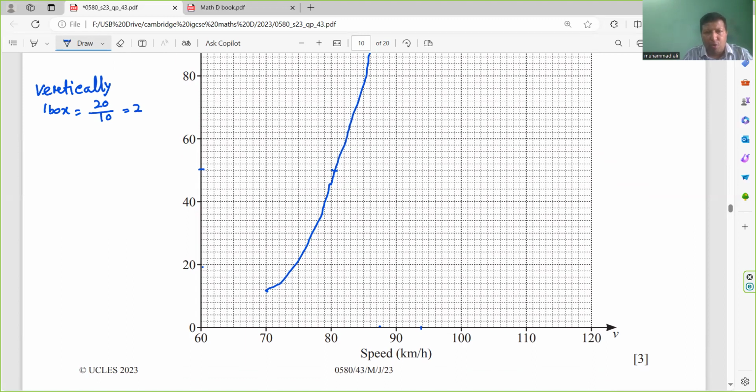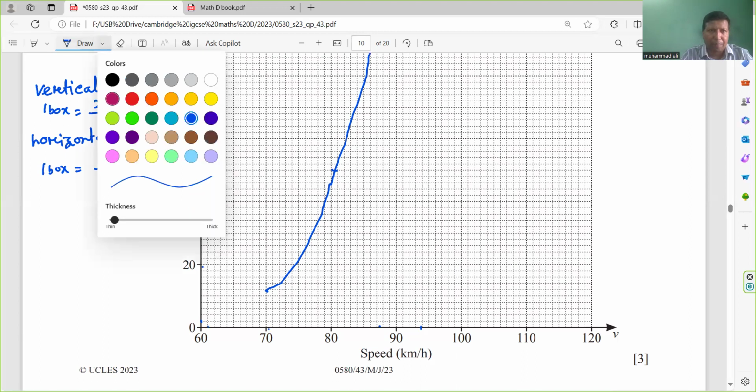We will count each box as 2 vertically. Horizontally, 2 centimeters is 10, so one box equals 10 divided by 10 equals 1. Horizontally one box counts as 1, and vertically one box counts as 2. It is very important information for us.